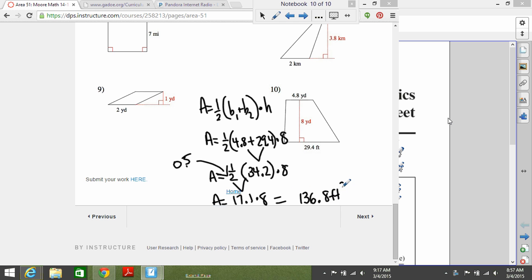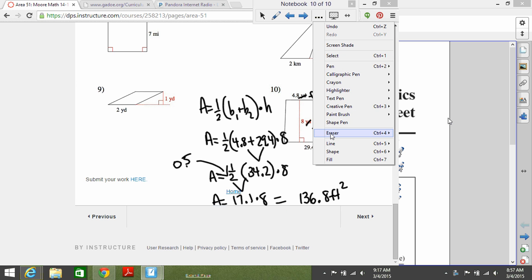Feet squared. Oh, that was... Let's change all these to feet. I didn't realize those had different measurements right there. Did y'all see that? I missed that.